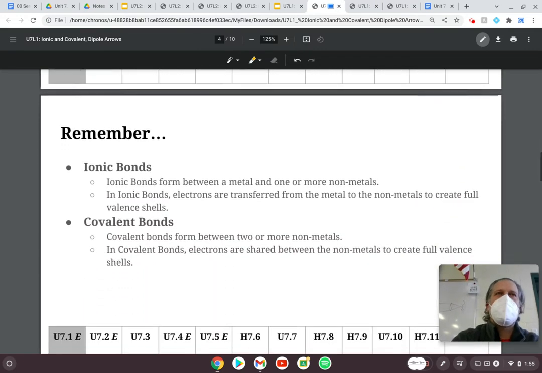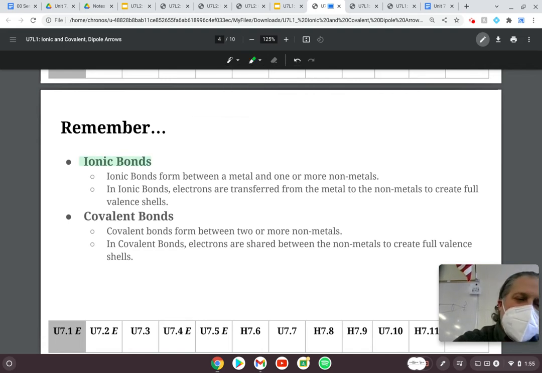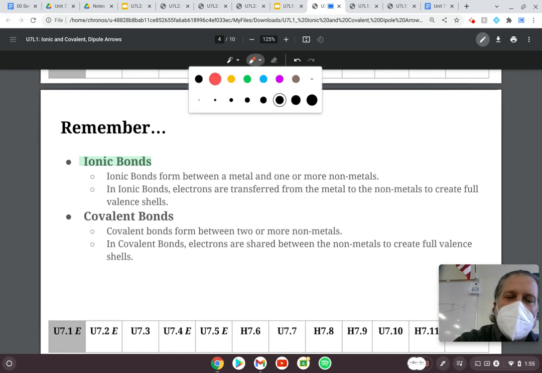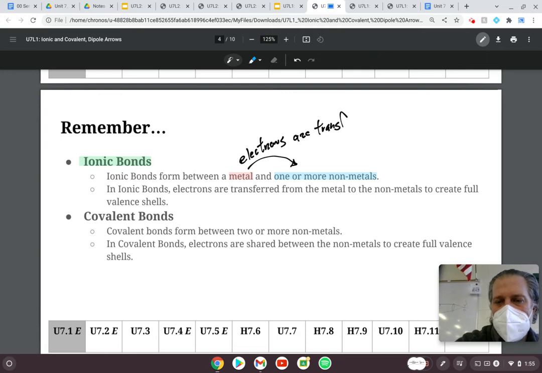So now let's talk about ionic bonds and covalent bonds. In an ionic bond, there are two types of elements, metals and nonmetals. And the electrons in the ionic bond are being transferred, okay?